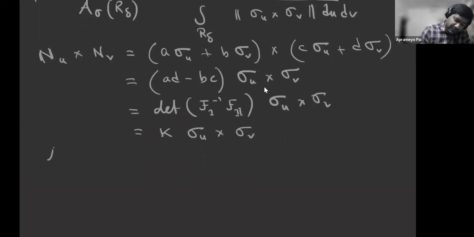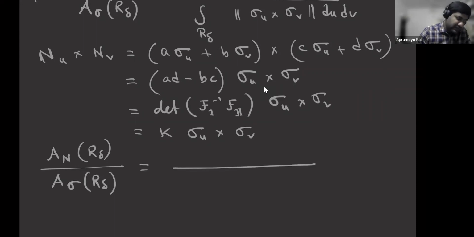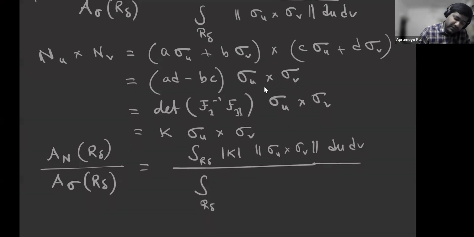So let's rewrite the ratio of area of G of R delta to area of sigma of R delta as integration over R delta of mod K times sigma u cross sigma v du dv, divided by integration over R delta of sigma u cross sigma v du dv.